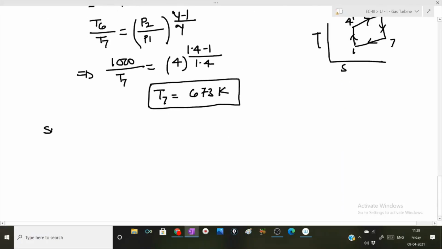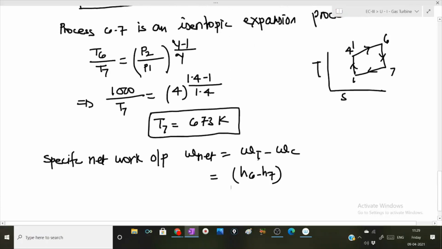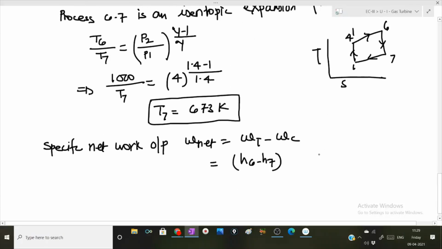Specific net work output. W net will be W turbine minus W compressor. W turbine will be H6 minus H7, as we can see in the diagram, and W compressor will be, in terms of enthalpy, H4 dash minus H1.